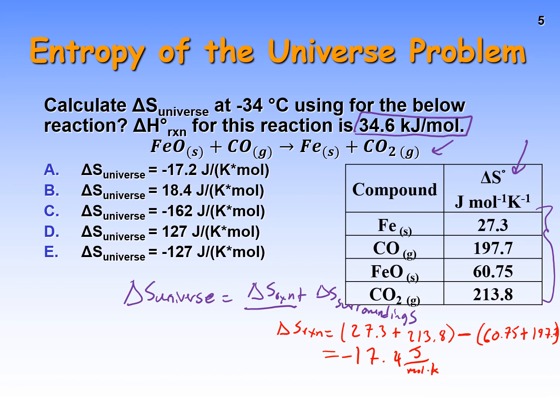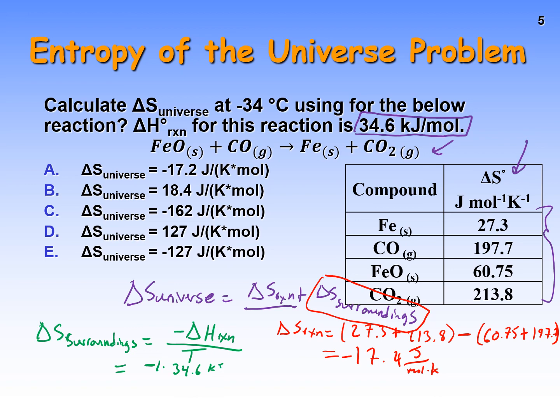Now we need to calculate delta S of our surroundings. As we learned earlier, delta S of our surroundings is equal to negative delta H of our reaction over T. We have delta H of the reaction and we have T, so we can solve this. So I have negative 1 times 34.6 kilojoules per mole, all over our temperature.